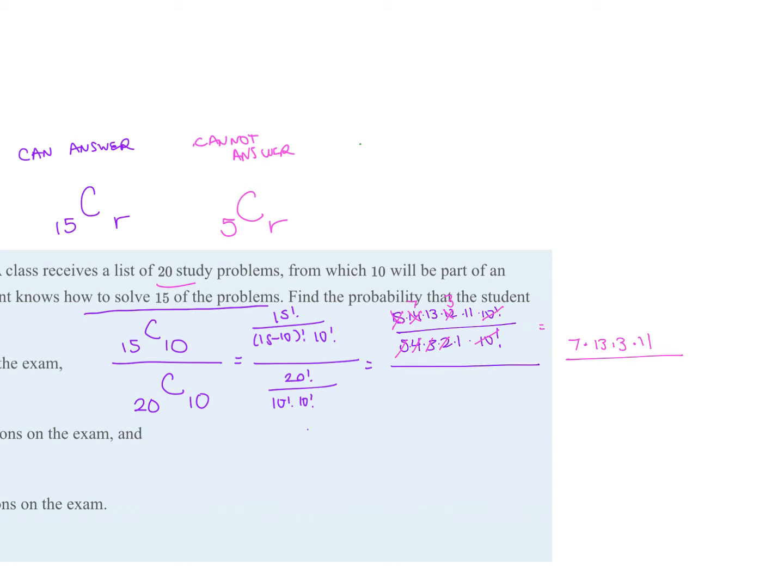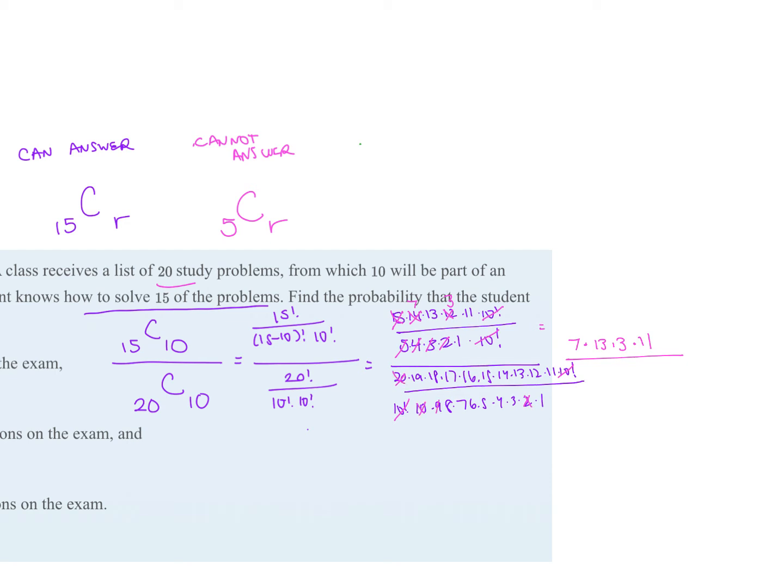So 20, 19, 18, 17, 16, 15, 14, 13, 12, 11, 10 factorial over 10 factorial times 10 factorial. And then we simplify. 10 factorial. 10 times 2 is 20.